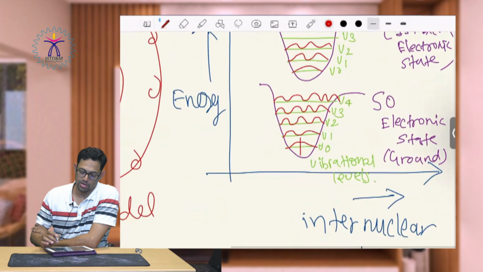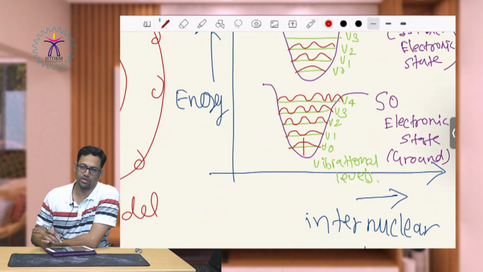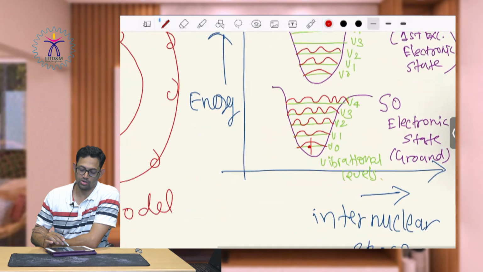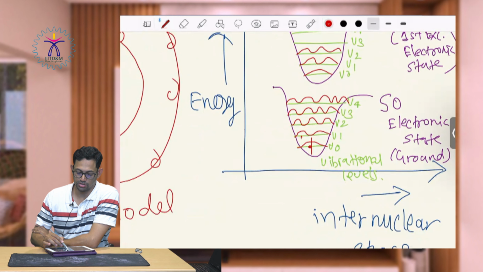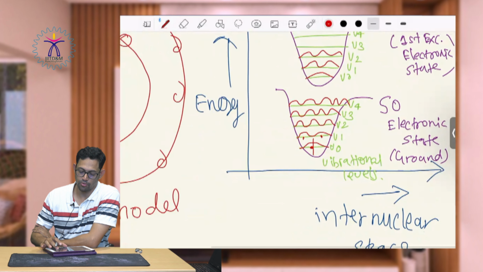Okay, so for the ground vibrational level, it is highly probable that the electron will be somewhere in the center over here. Okay, while at the top there are two positions where it has equal probability to survive, right.